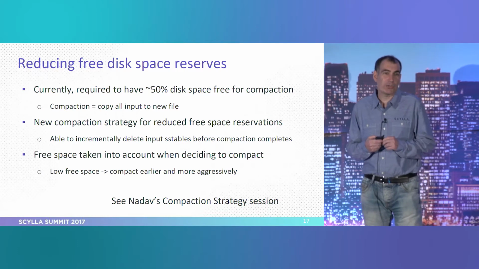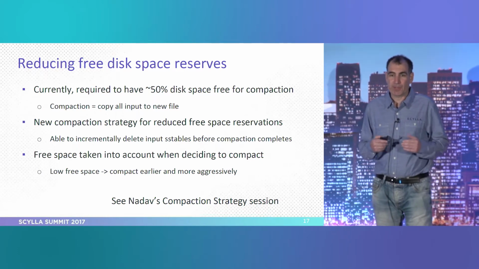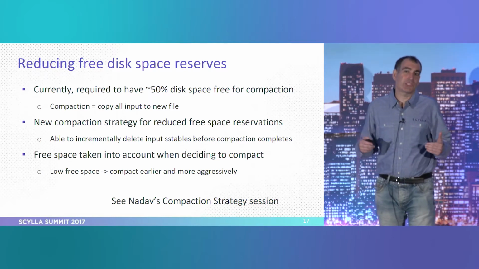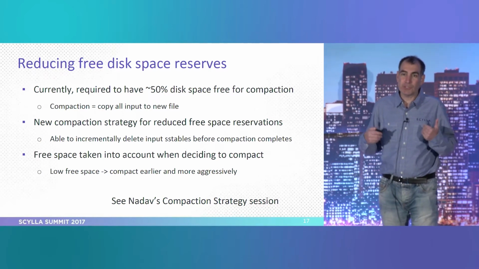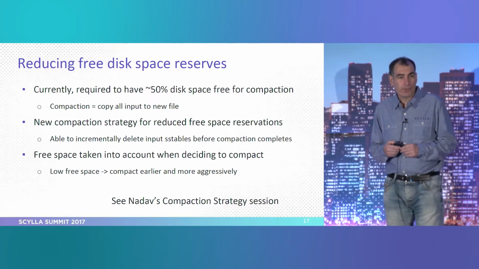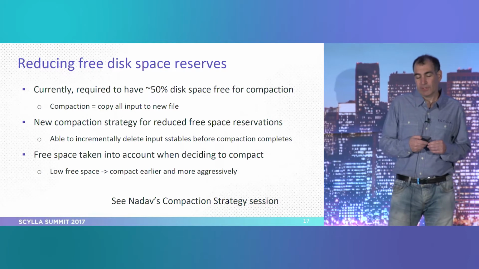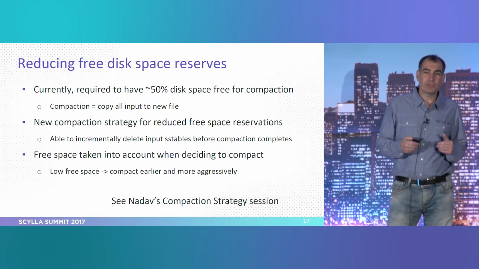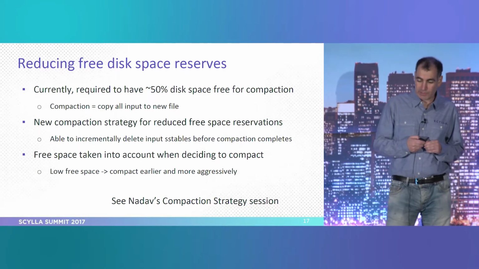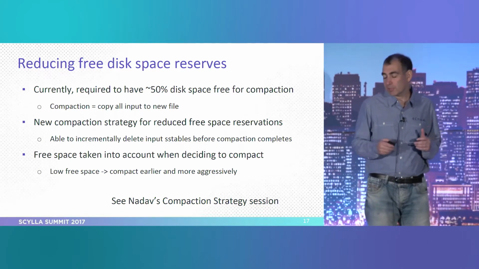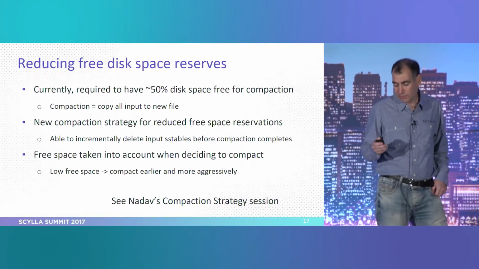And we will also introduce logic to take into account the amount of free disk space so that we can start the compaction earlier in order to expire data that is under TTL, that has a time to live, and therefore reduce the chances of running out of space. And there will be a presentation by Nadav about compaction strategies that will also touch this issue.